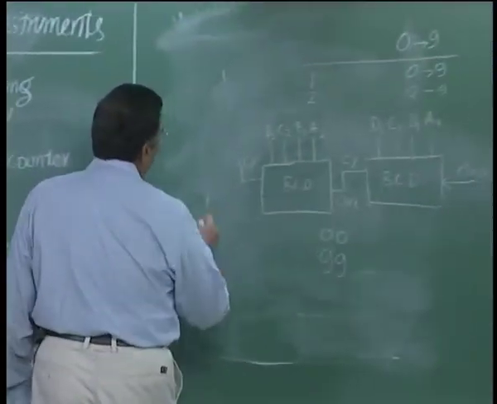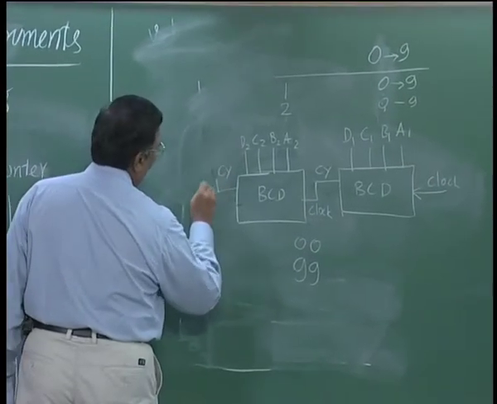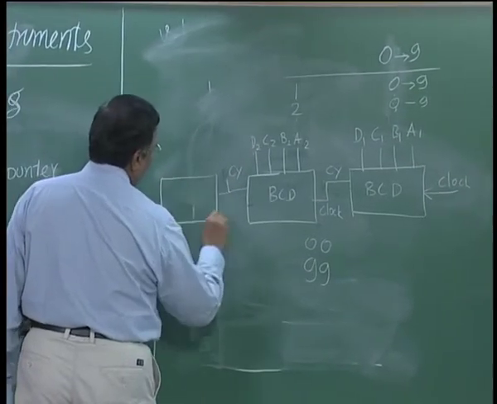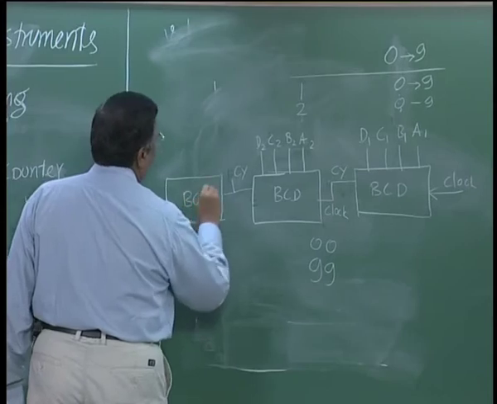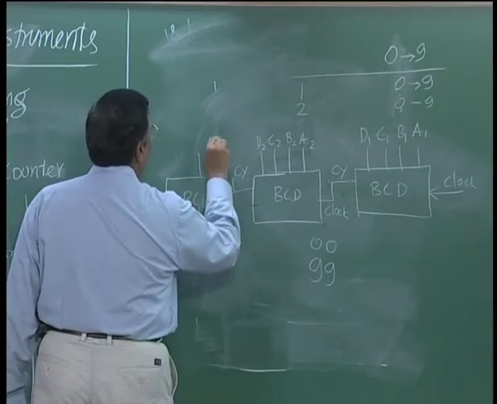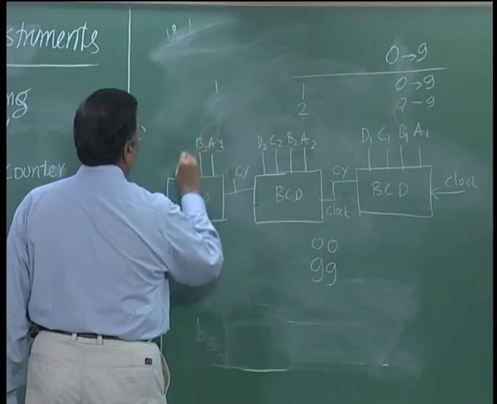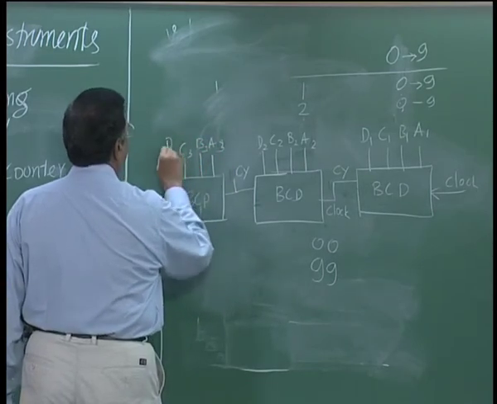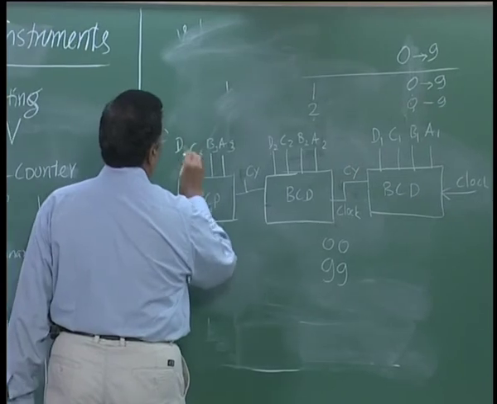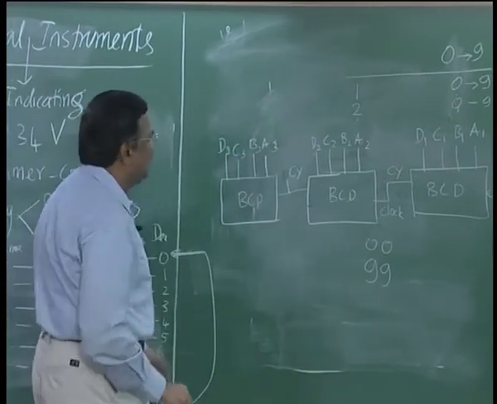So, now I can put this carry into another BCD counter. I call this A3, B3, C3, D3, the 3 ABCD bits.